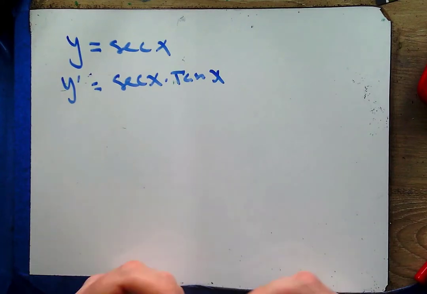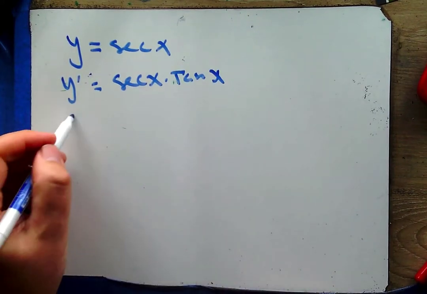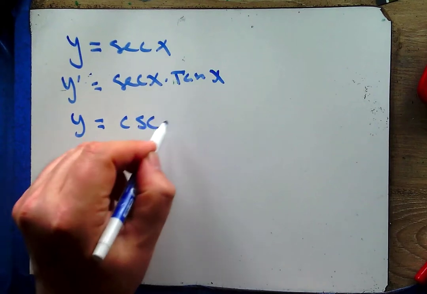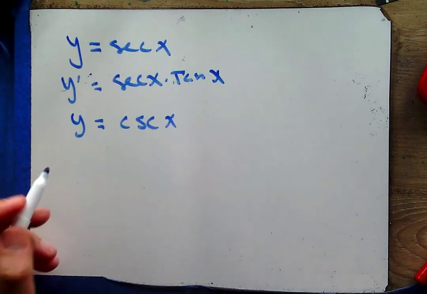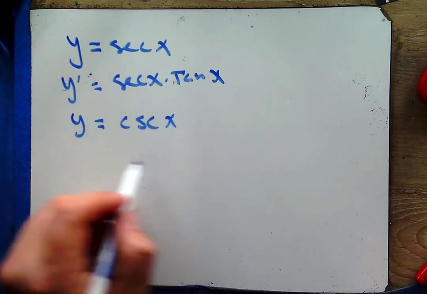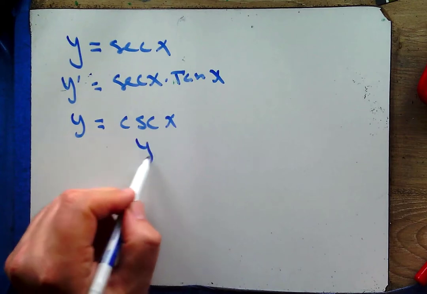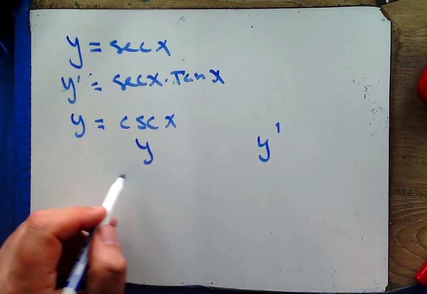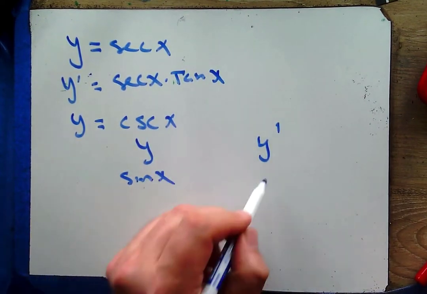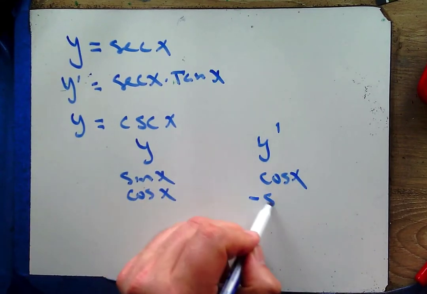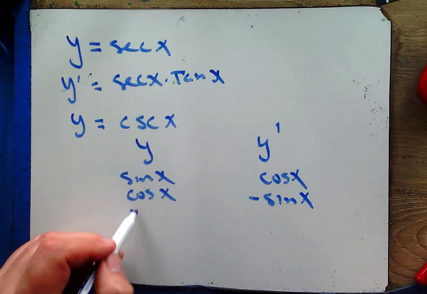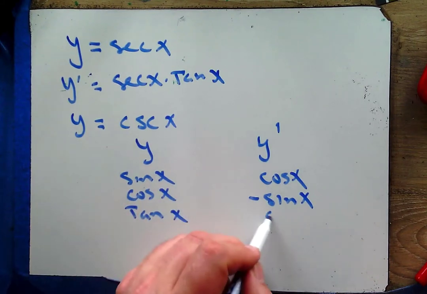So, can you tell me then what the derivative of cosecant would be? Do you have a hypothesis, by the way, about what it would be based on what we know so far? So, let's make a little table. Y prime. Sine was cosine. Cosine was negative sine. Tangent was secant squared.